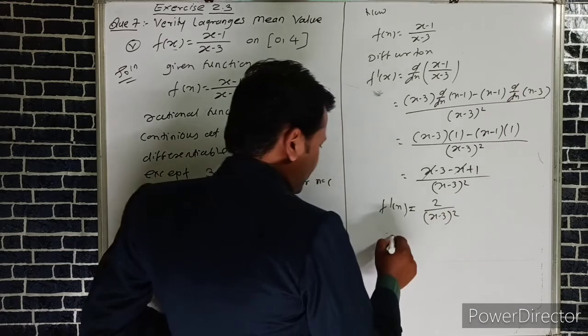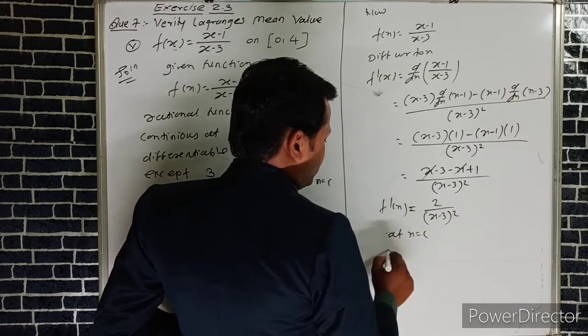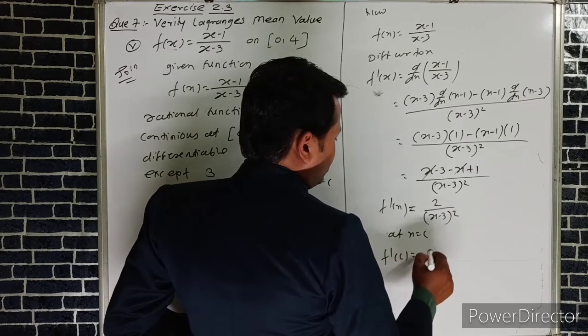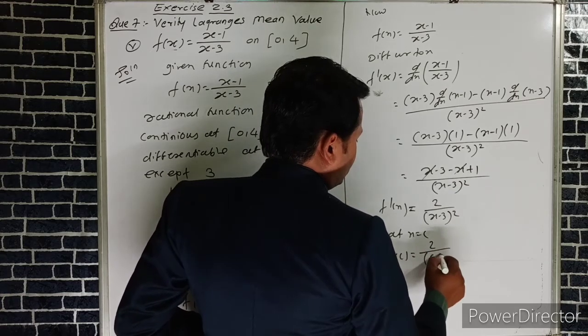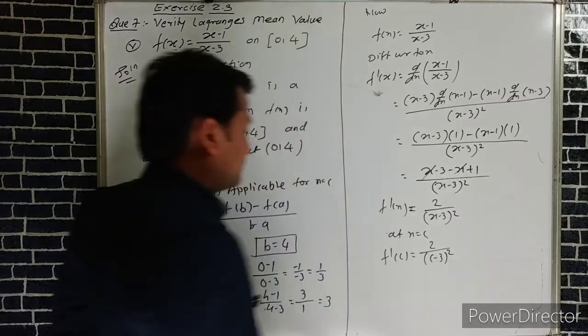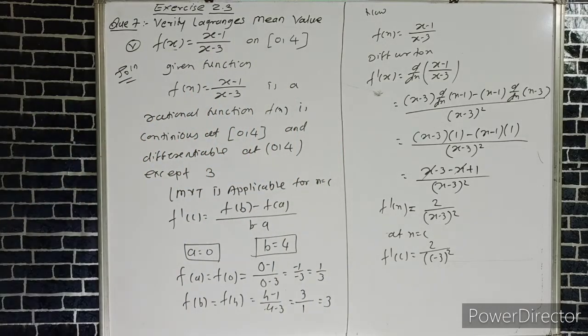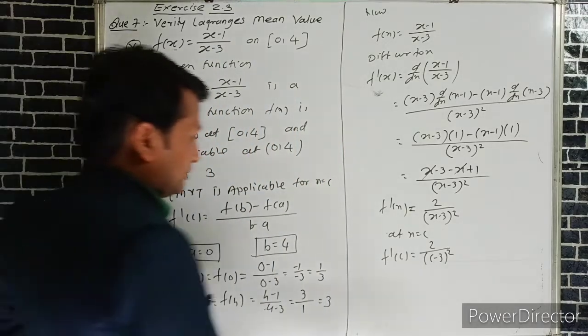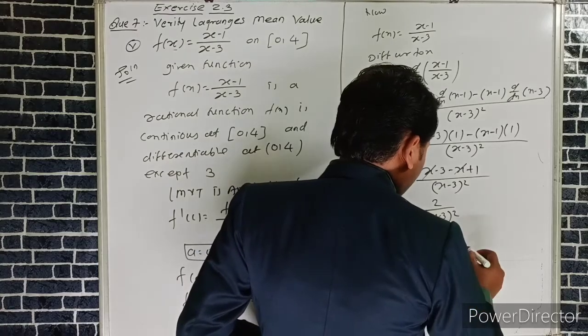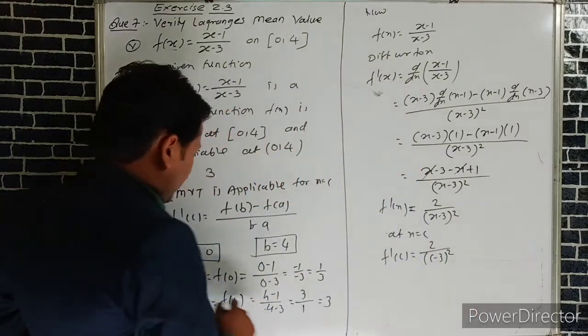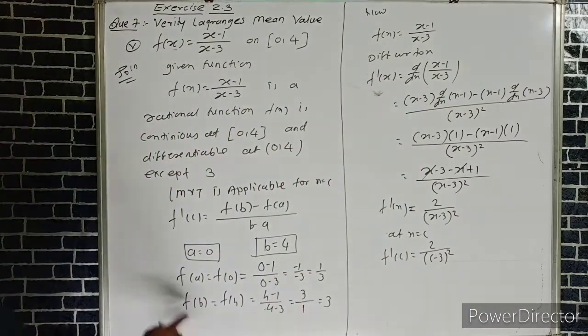square. At x equals c, we can write f dash of c equals minus 2 upon c minus 3 bracket square. So the value of f dash of c is minus 2 upon c minus 3 bracket square, f of a is 1 by 3, f of b is 3.